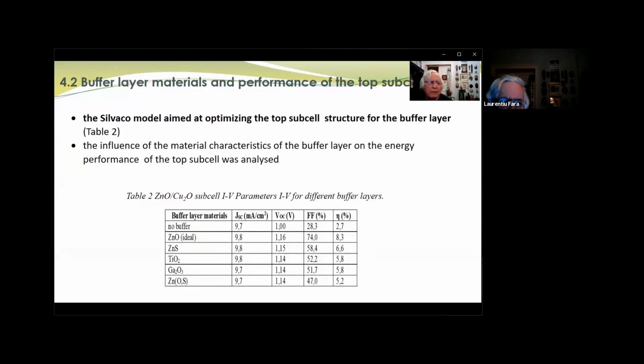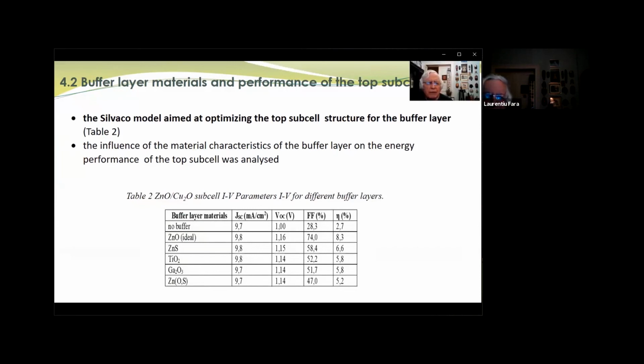The influence of the material characteristics of the buffer layer on the energy performance of the top subcell was analyzed. And the main results are presented in table number 2.